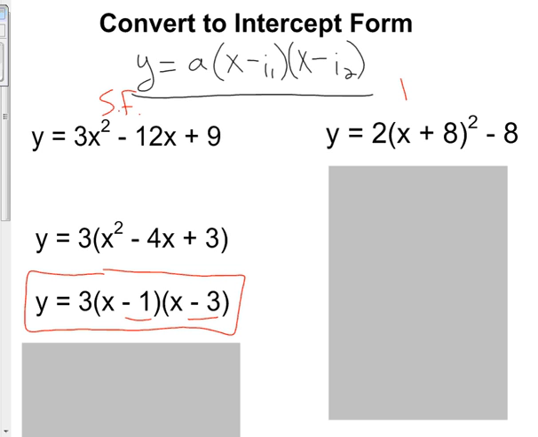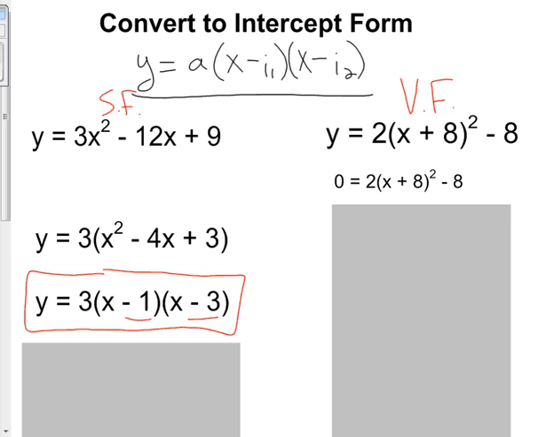If we're given a vertex form and we want intercept form, we can't factor this. So what we're going to have to do is find the x-intercepts. So x-intercepts are when y equals 0. That's how we find the x-intercepts. So we set y equal to 0, and we're going to solve this equation. This is a basic equation because there's only one x.